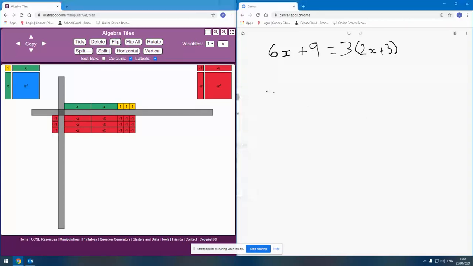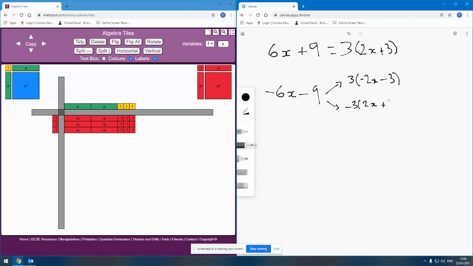That shows that negative 6x minus 9 can be thought of as 3 lots of negative 2x minus 3, or potentially negative 3 bracket 2x plus 3.